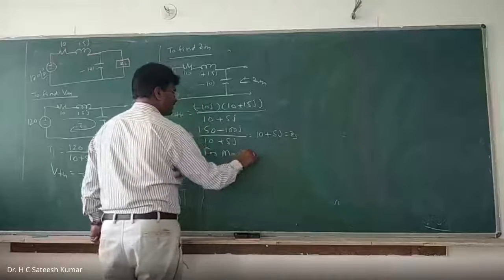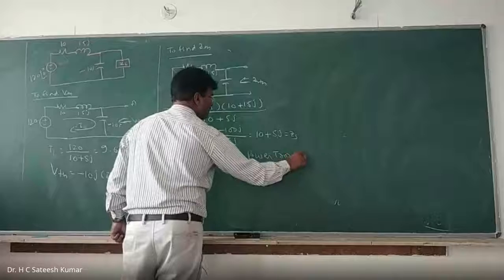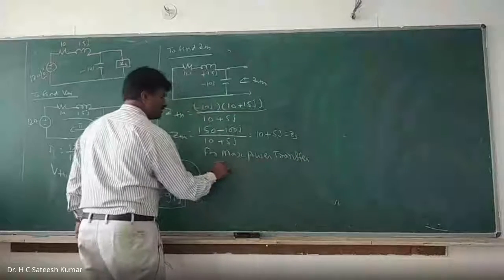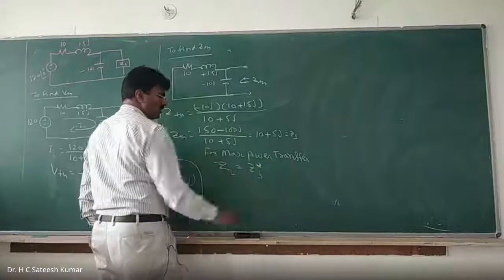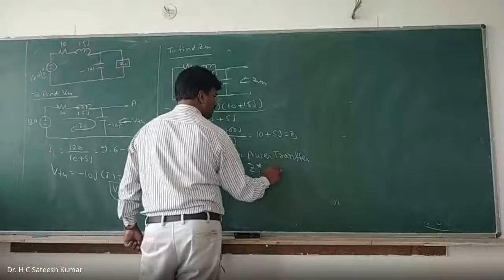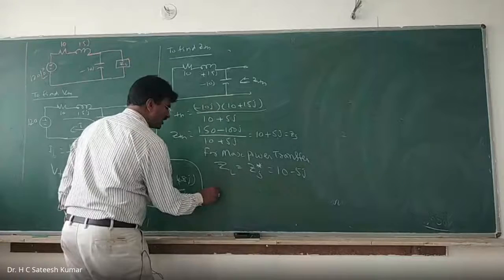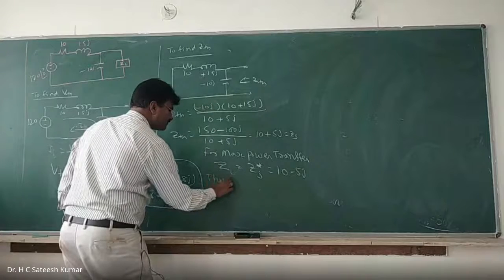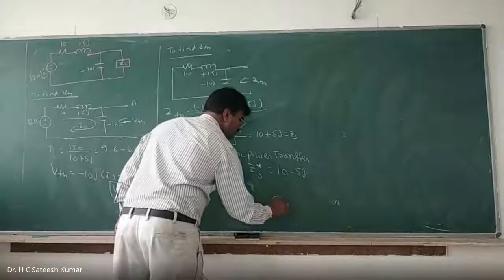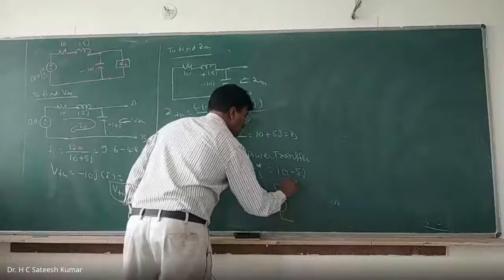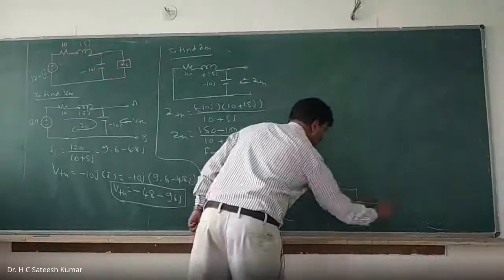For maximum power transfer, what is the condition? ZL is equal to ZS star. ZS is this one, so that is 10 minus 5J. Now write down Thevenin's equivalent. Thevenin's equivalent is a voltage source, the source impedance, and one load impedance.